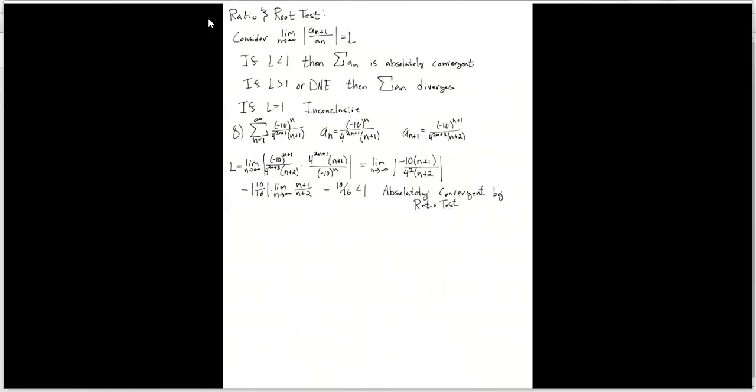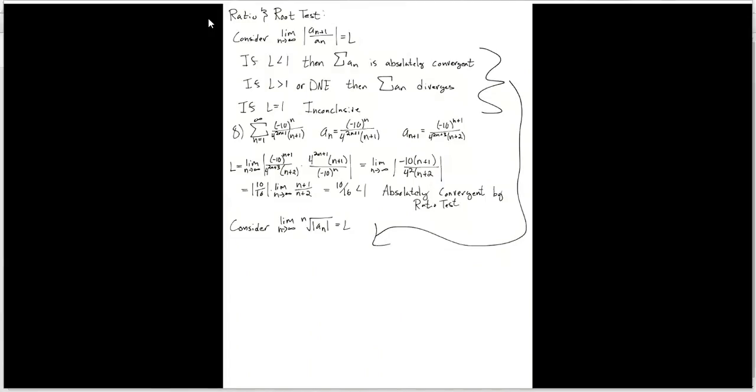So now I want you to consider we've got the limit as n approaches infinity of the nth root of the absolute value of a_n, and we're going to set this equal to L. So our conditions that we had up here are actually our conditions for this test as well.